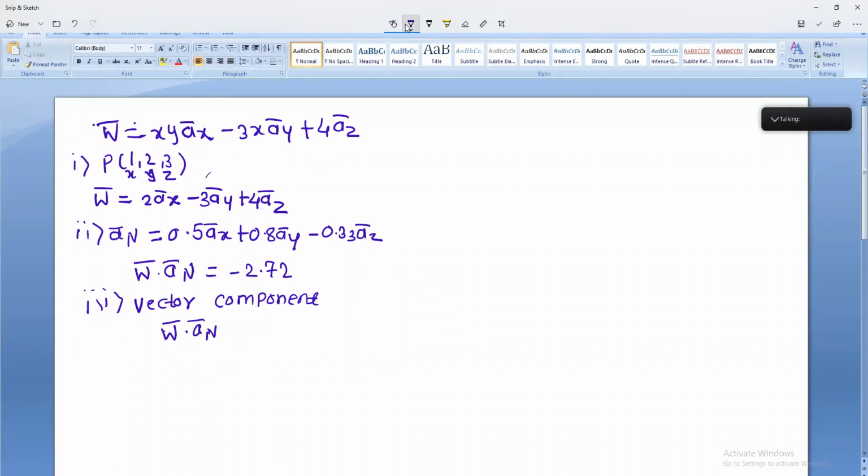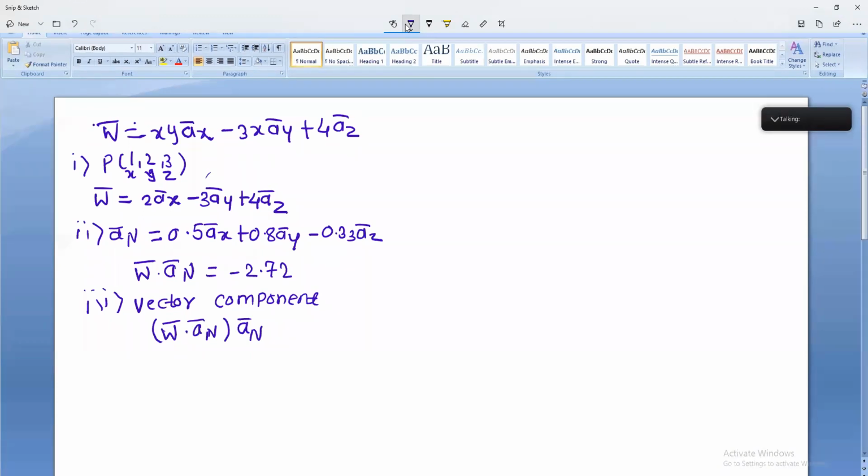Any vector component is a vector quantity. Now this is a scalar quantity, W bar dot a bar n. To get the vector component, again we have to multiply it by the unit vector, that is a bar n, because we have seen the formulae for scalar component and vector component.